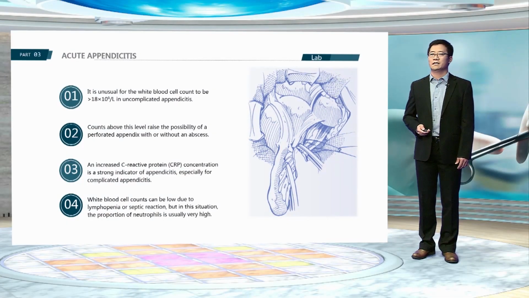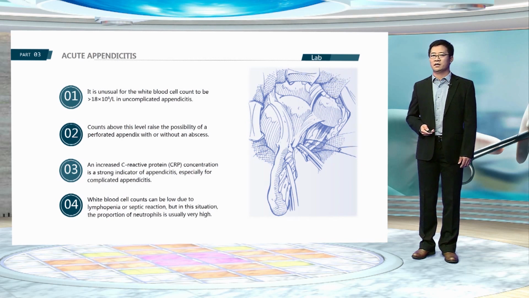Lab findings. It's unusual for an uncomplicated case to have a white blood cell count over 18. If the count is above this level, that usually means a perforated appendix with or without abscess.